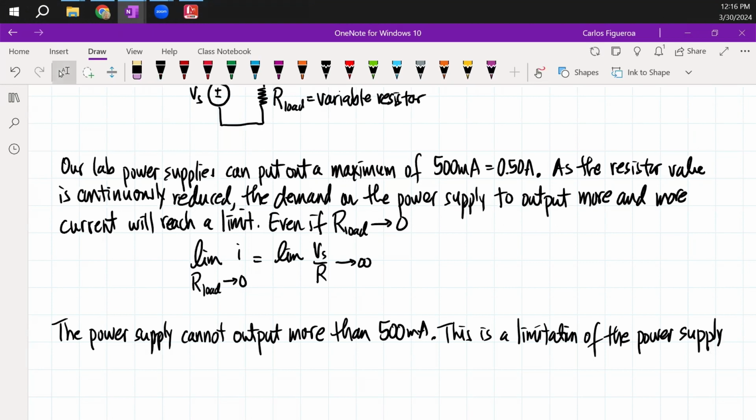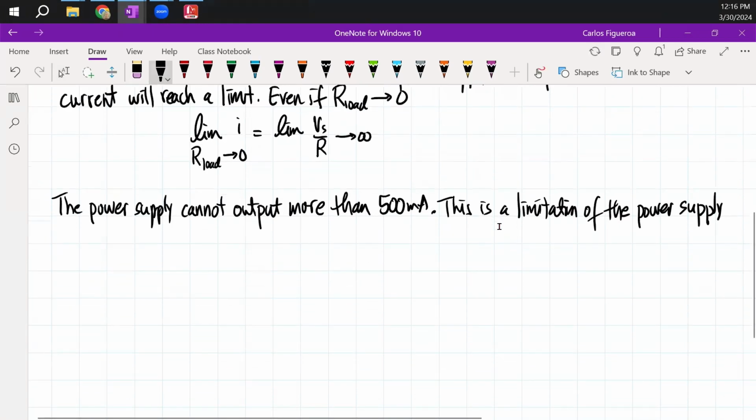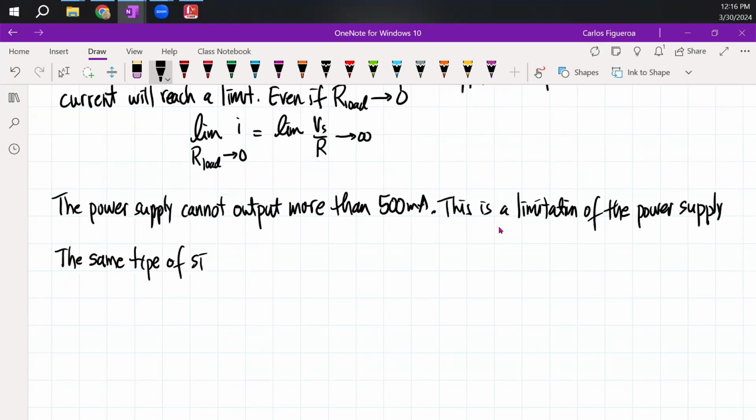Now the same thing happens with the op amp. Okay, so if I come over here, the same type of situation also occurs with the op amp.